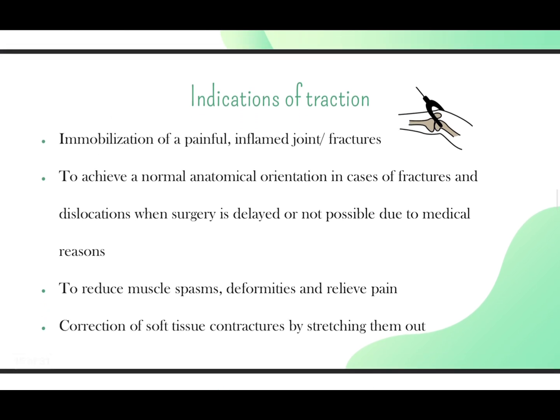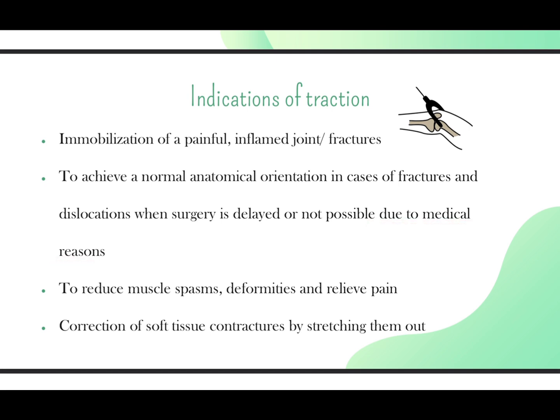Now let's talk about the indications of traction. Traction is used to immobilize a painful inflamed joint or fractures. It can also be used to achieve a normal anatomical orientation in cases of fractures and dislocation when surgery is delayed or not possible due to different medical reasons.